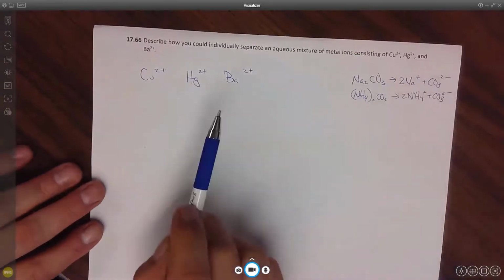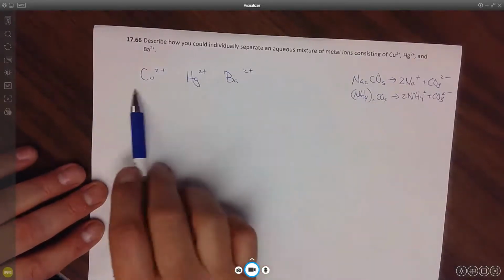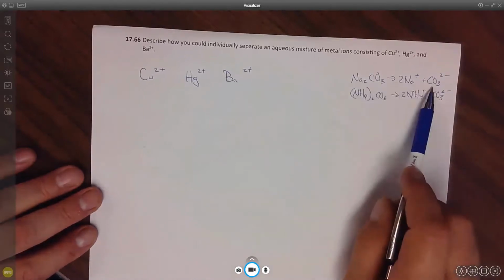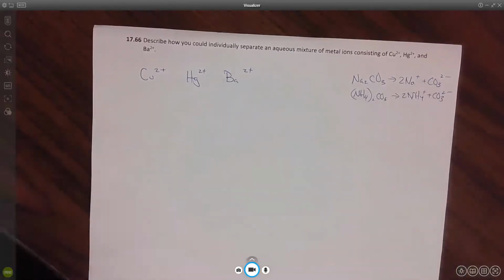So the carbonate's going to form a precipitate with all 3 of these. If I throw in sodium carbonate right off the bat, all 3 ions are going to precipitate out. That doesn't help me. What can I add to this solution to precipitate out just one of these ions?